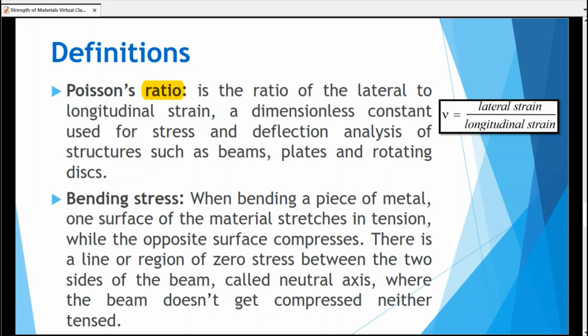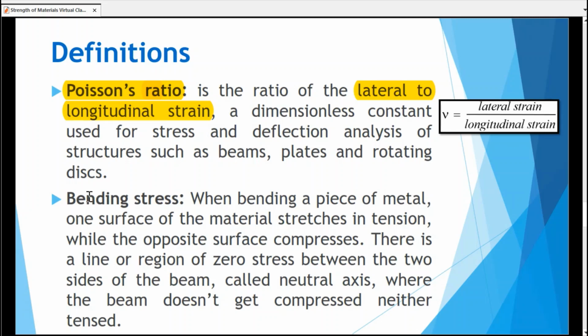So in this case, the Poisson's ratio is the ratio of the lateral to longitudinal strain. Now, this means that we are focusing on two different dimensions of an element that we might be analyzing.